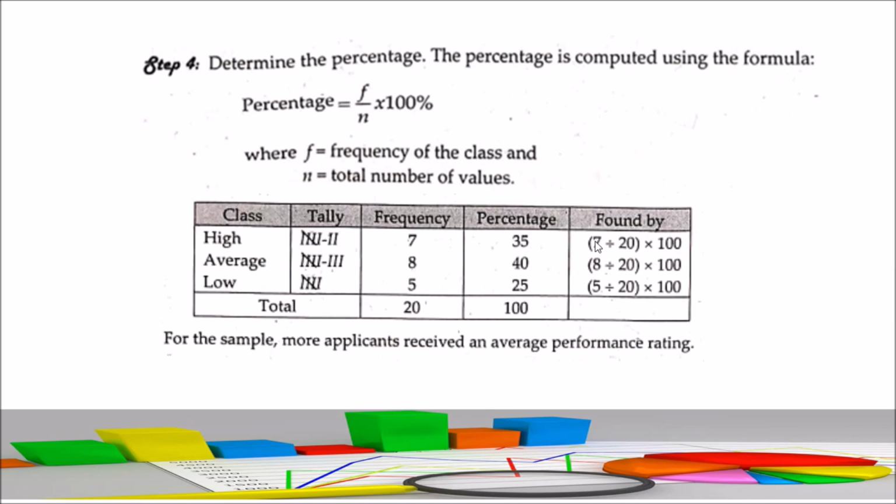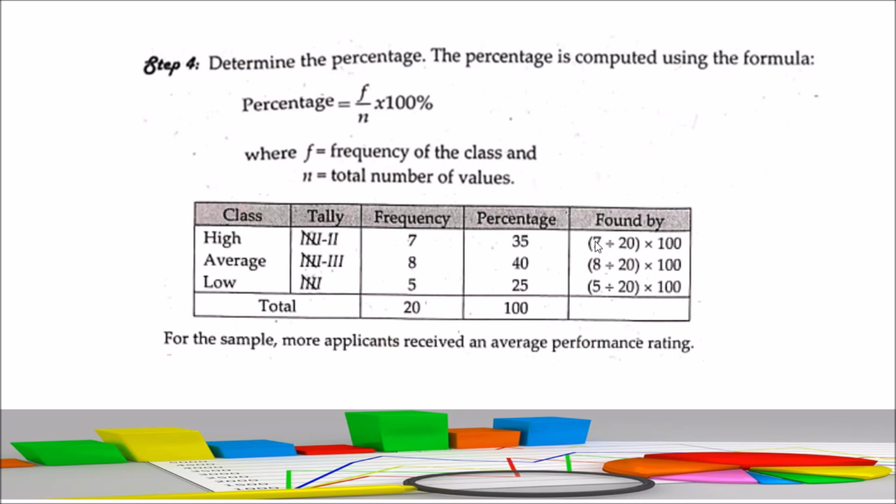The percentage is computed using the formula F over N times 100, where F is the frequency of the class and N is the total number of values. Then you can just have 7 divided by 20 times 100, and that is equal to 35%.